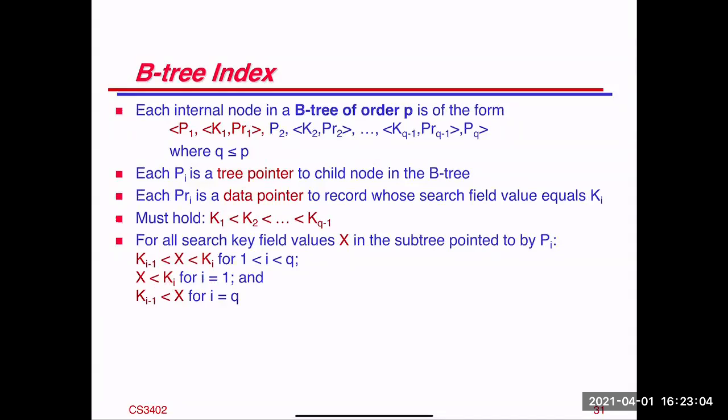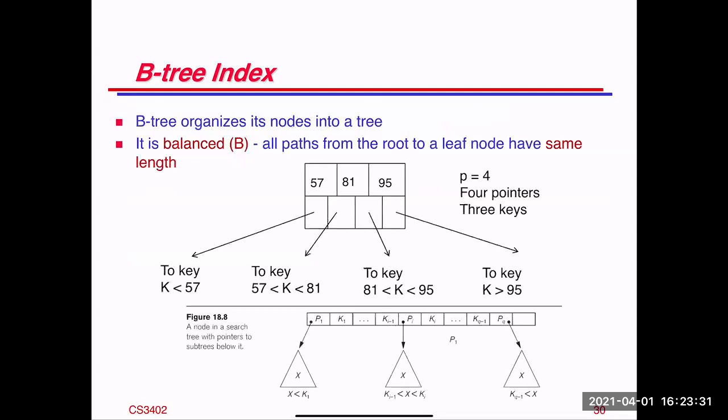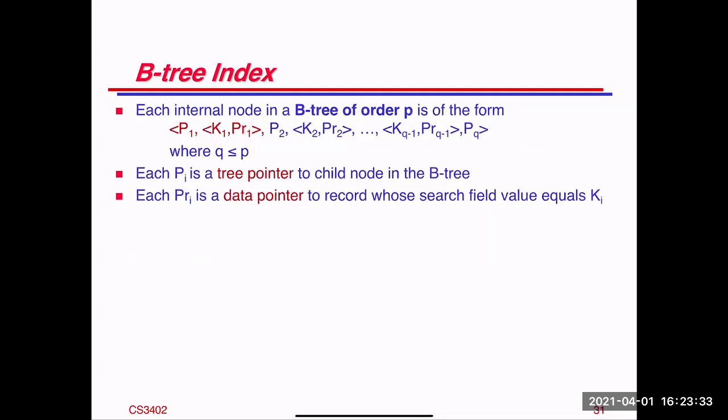And similarly, if we look at P2, then that should point to a subtree such that the search key values should be in between K1 and K2. Okay, and so on. This works exactly the same way as I just showed you on the previous slide, right?